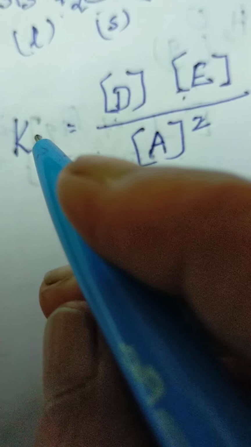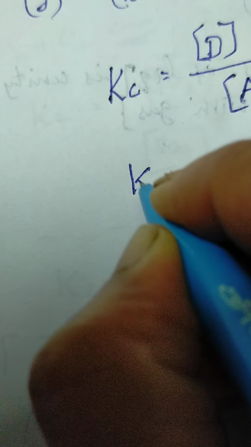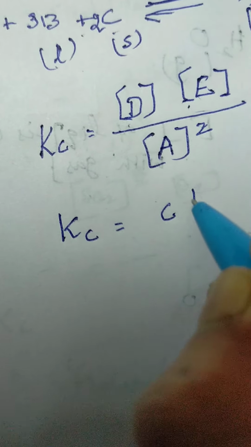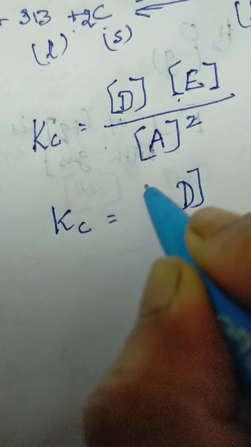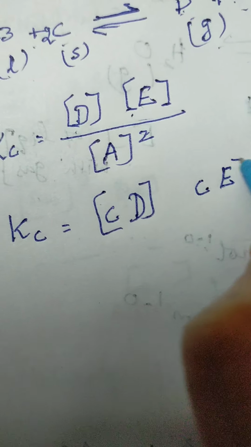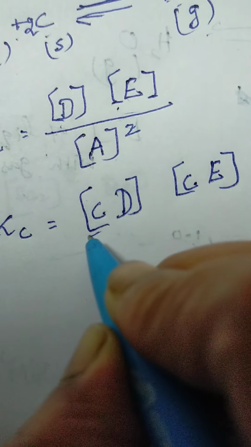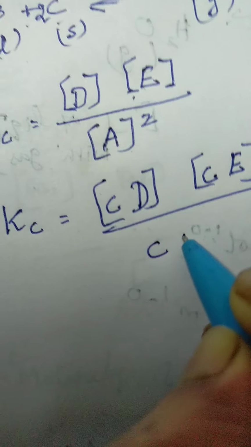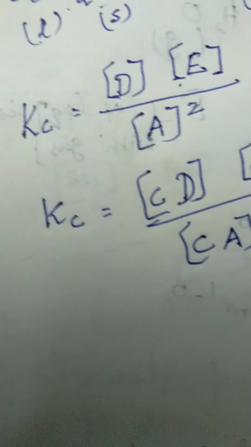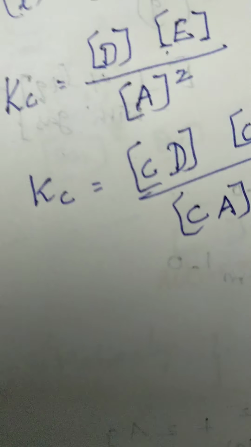So we know that Kc, the equilibrium concentration expression, is equal to [D][E] divided by [A] squared.